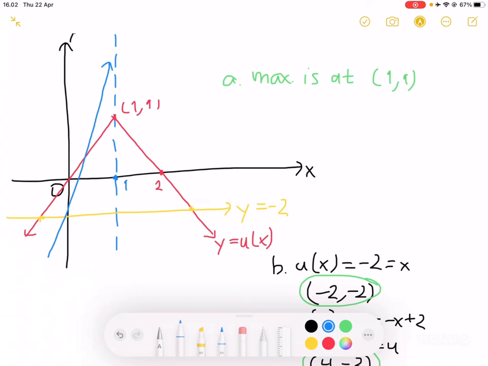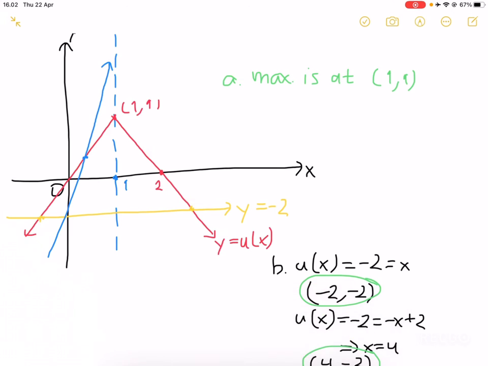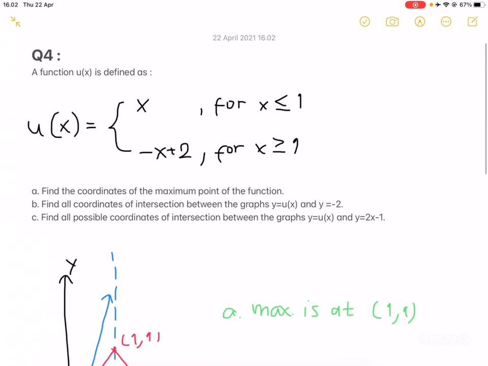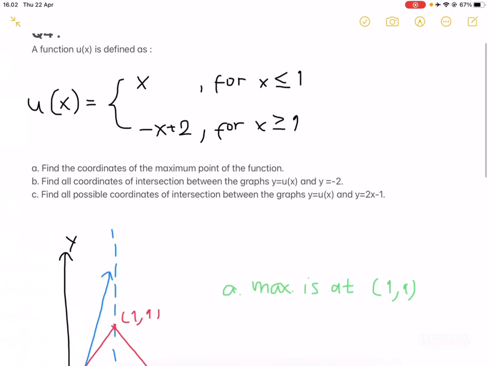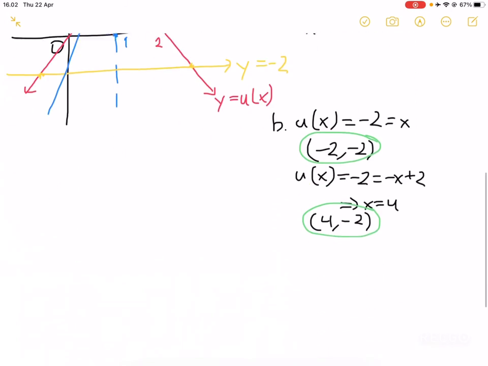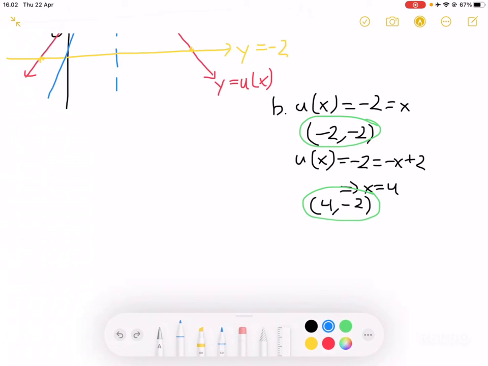Alright, you may infer that this will only intersect once here, and you may confirm by trying to substitute the two definitions of u of x, and see which one works. I'm going to start with the first definition, which is u of x equal to x. So we can set 2x minus 1 equal to x.